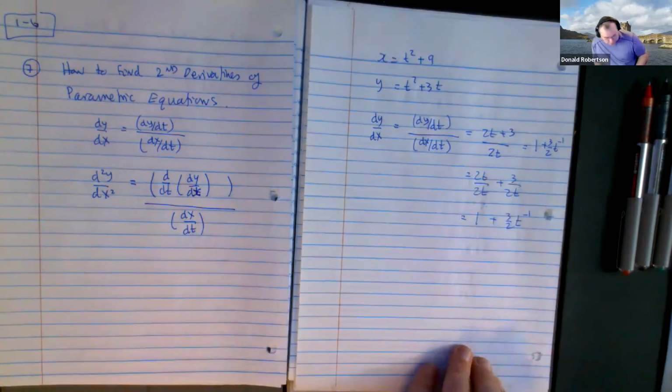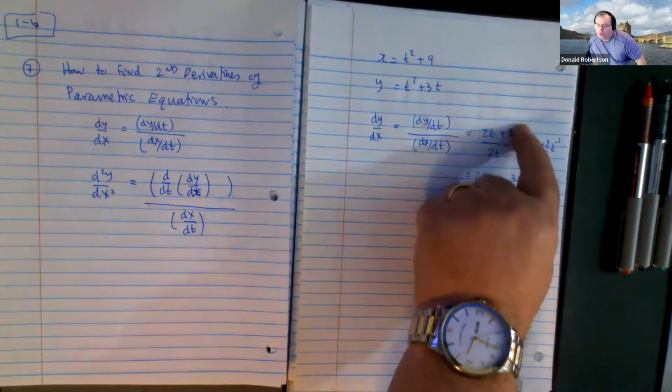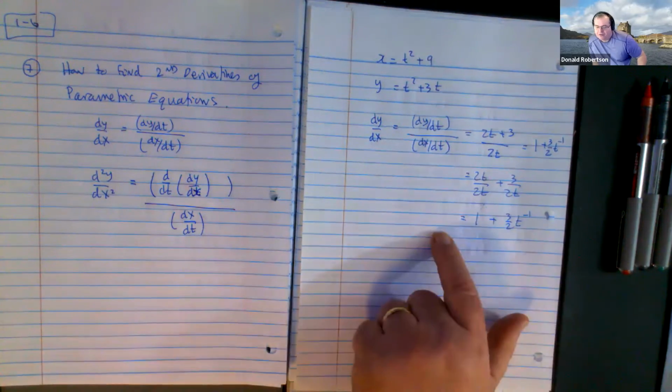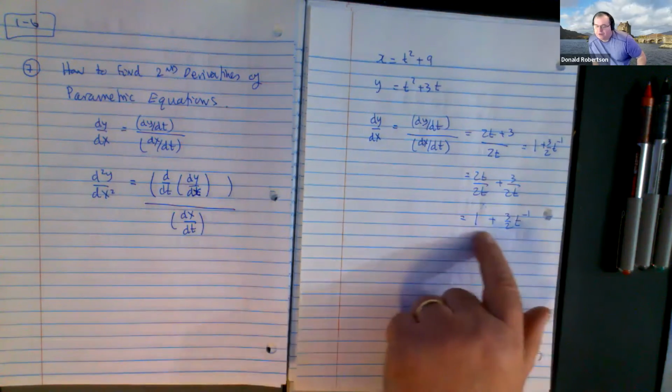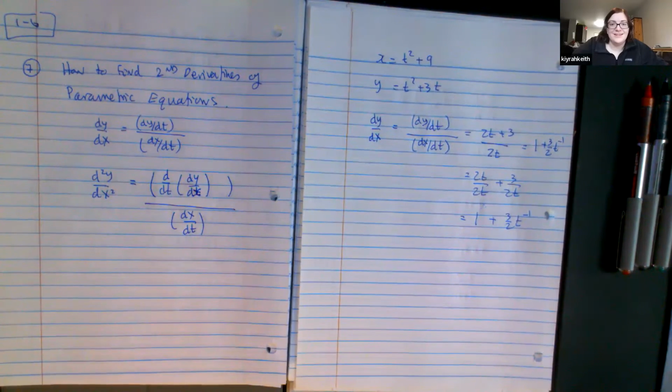Any suggestions for why I've decided to go this way instead of just doing the quotient rule, which would work? Why do you think I decided algebraically to go this direction? Because it's just a lot fewer terms and the one's going to disappear and there are fewer fractions to mess up.